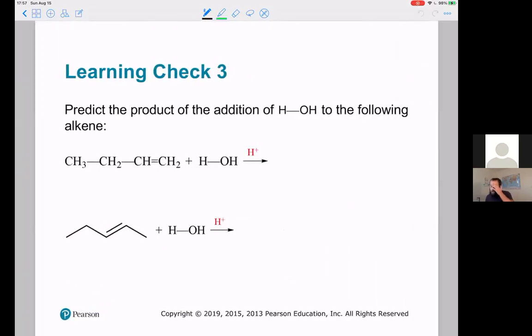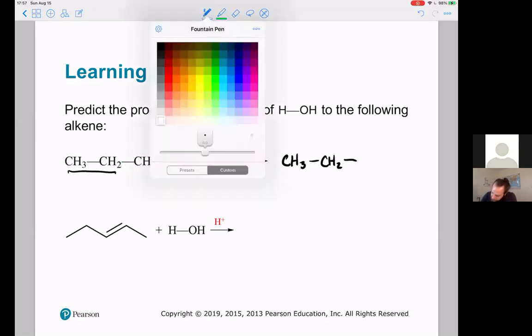Okay. So let's do this example here. We're going to do the hydration. So first of all, I'm going to identify where my double bond is. I'm not even going to pay attention to the other part of the molecule because this is where the action's happening, are those 2 carbons. So even without doing anything else, I can go in and write this back half here because I know that that's going to be the same. The difference is now going to be, again, that this bond gets broken.